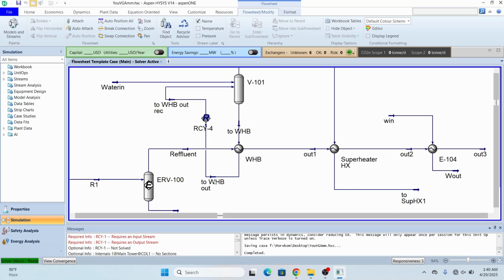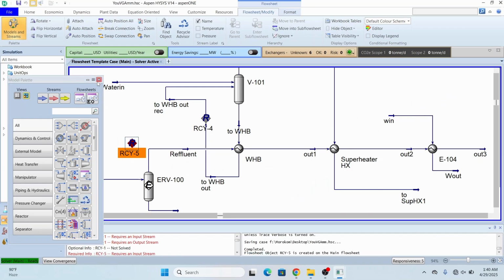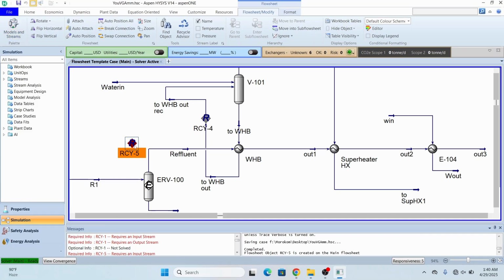Before doing this, it is good that I again place a recycle stream over here. So I have placed a recycle.